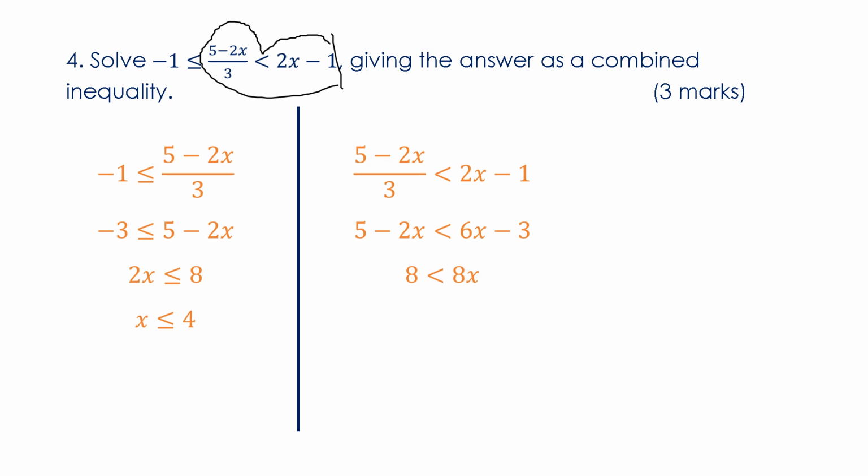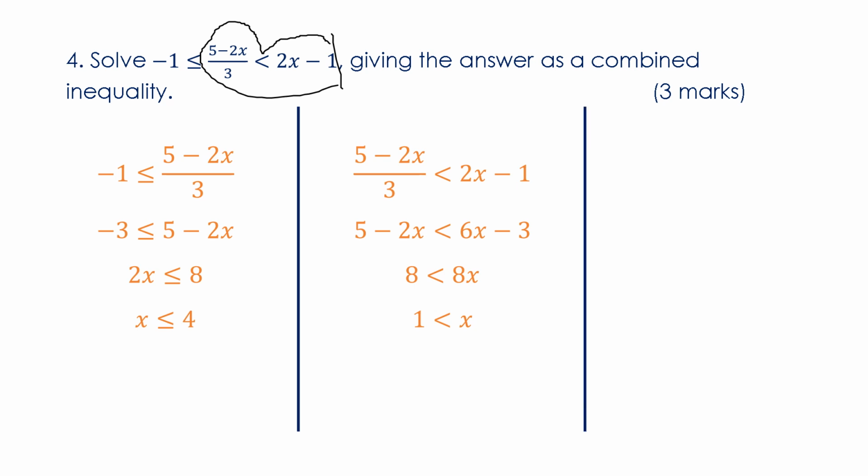Because we have collected x to the right, let it be written to the right of the inequality, and the integers collected to the left, indicate them to the left. So you'll have 8 less than 8x, and then we get x by dividing by 8 on both sides. So you'll have 1 less than x, or x greater than 1. By that we have solved the inequalities.